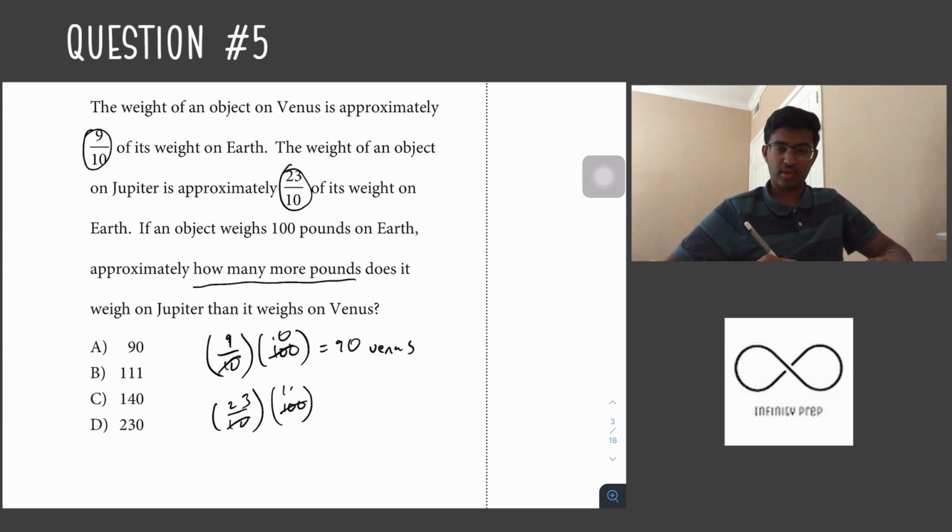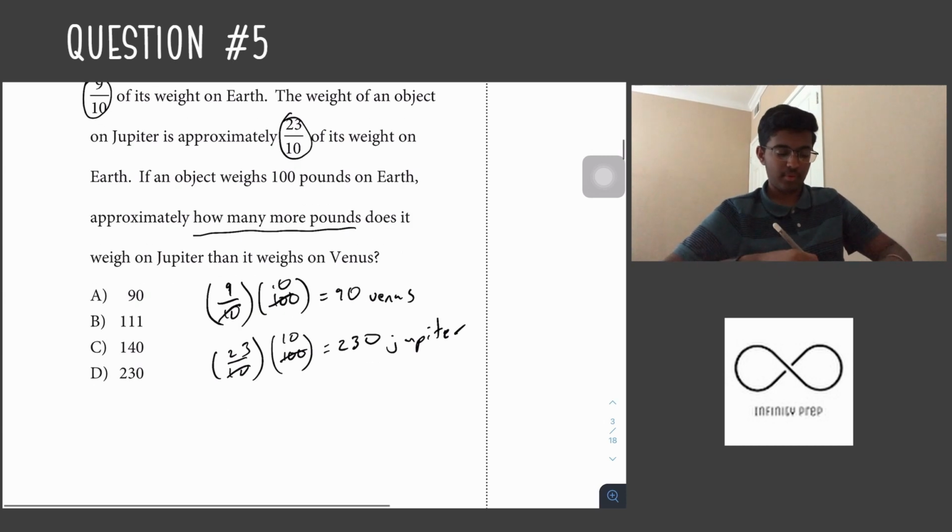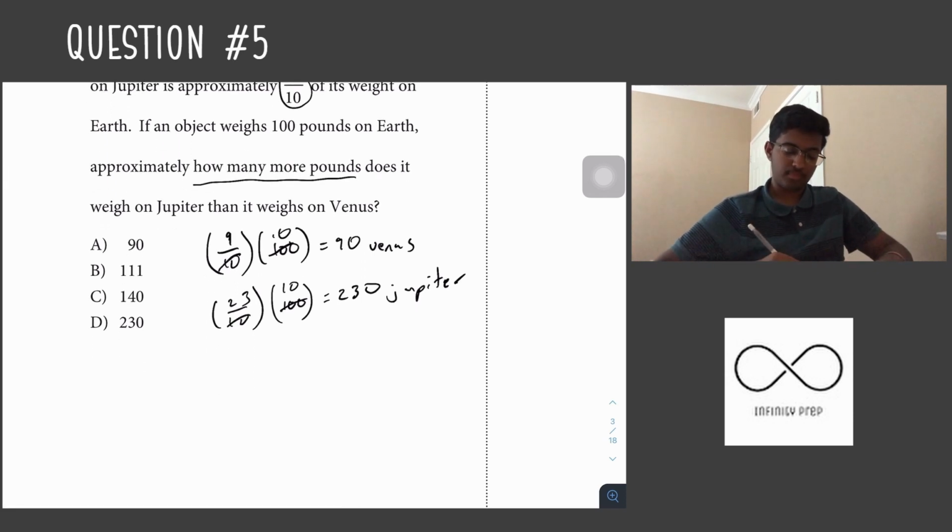The 10 cancels out again and it becomes 230. This is for Jupiter. And as I said before, approximately how many more pounds does it weigh? So we have to subtract 230 minus 90, which gives us 140. It's choice C.